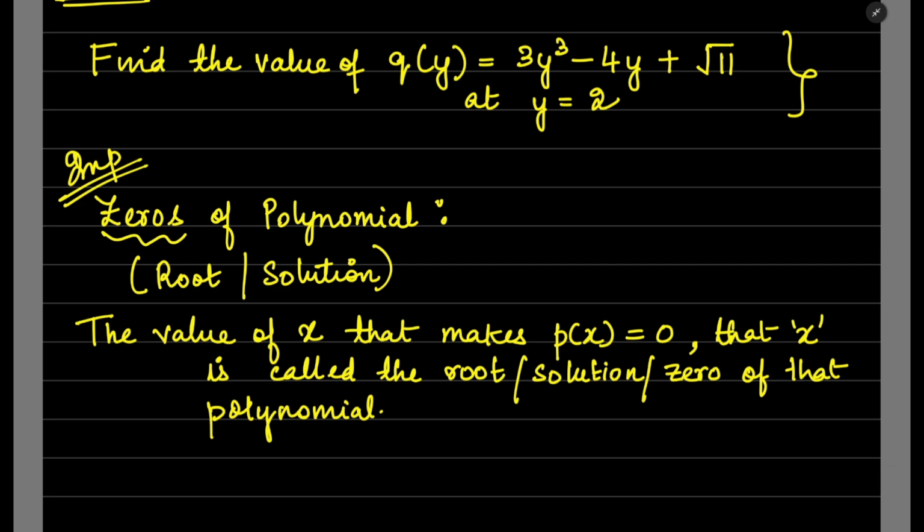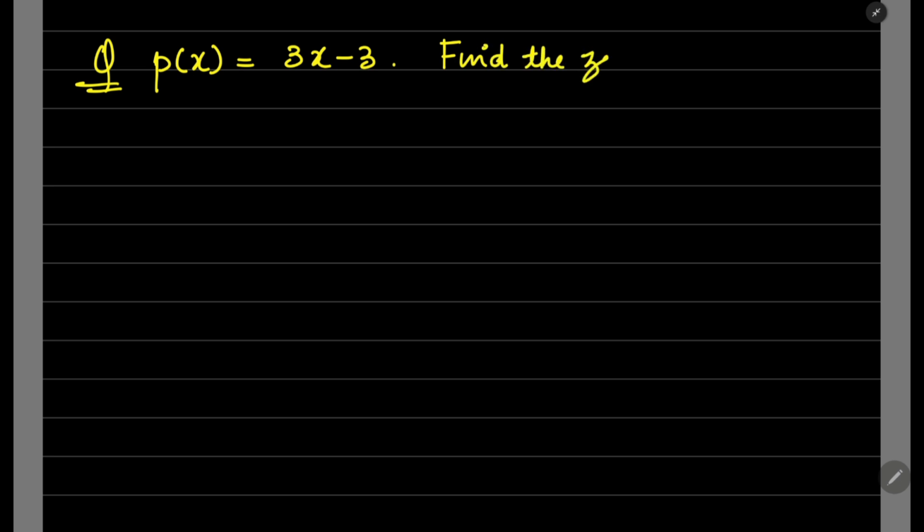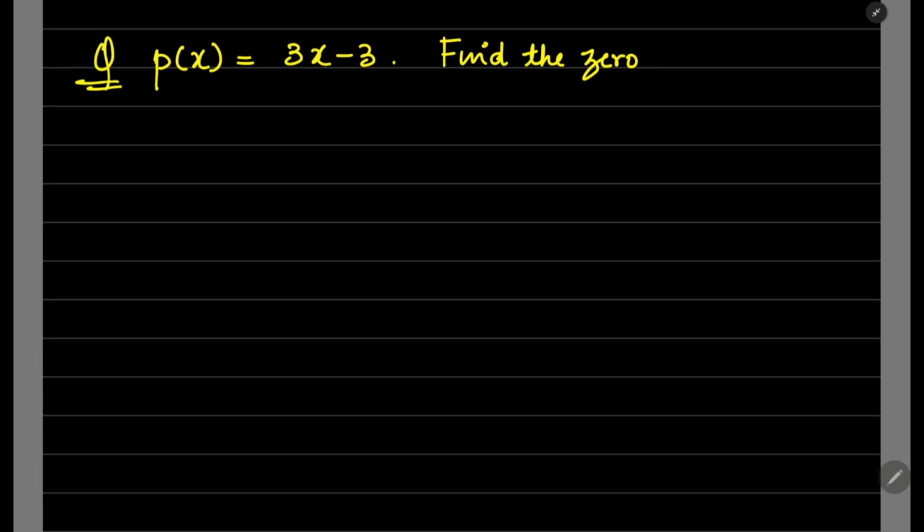For example, let me give you 1 or 2 examples today and then we will continue the remaining in the next video. The question is P of x is equal to 3x minus 3. Find the zero, root or solution of this polynomial. How will you do it?